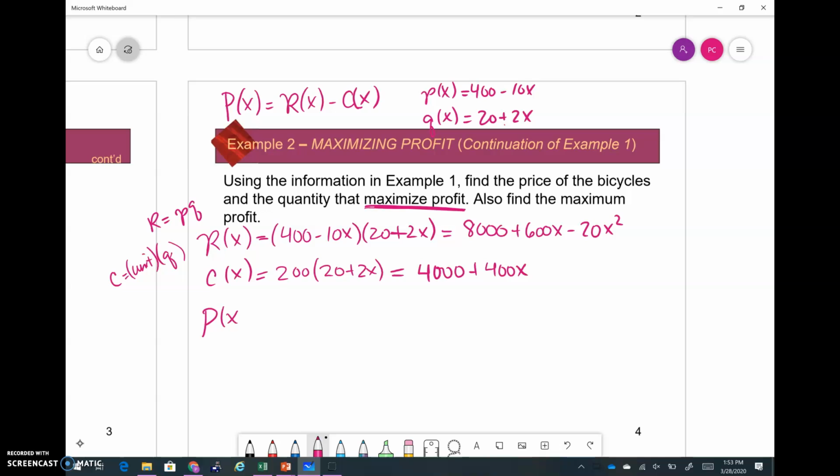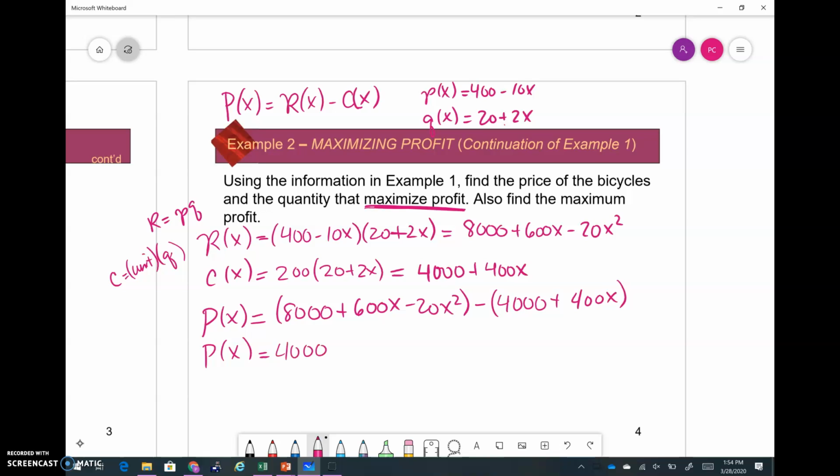So my profit function is my revenue, the 8,000 plus 600x minus 20x squared, minus the cost. If we put that together, we end up with a function that is 4,000 plus 200x minus 20x squared.